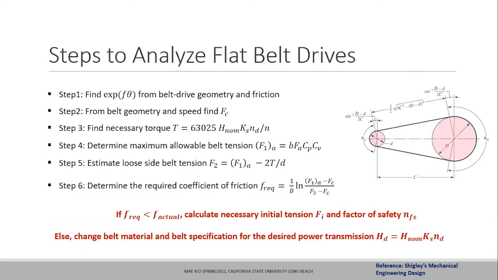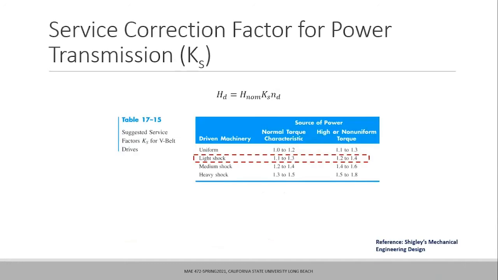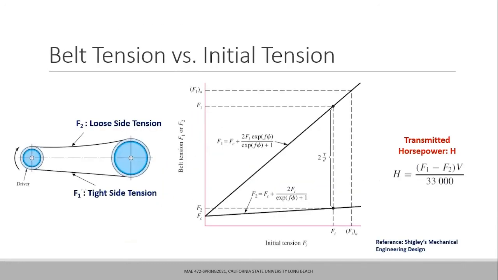But to summarize, these are the basic steps for selecting a belt drive for a given requirement or design application. And this is the important slide which tells you how the initial tension plays a role in deciding how much torque can be transmitted.